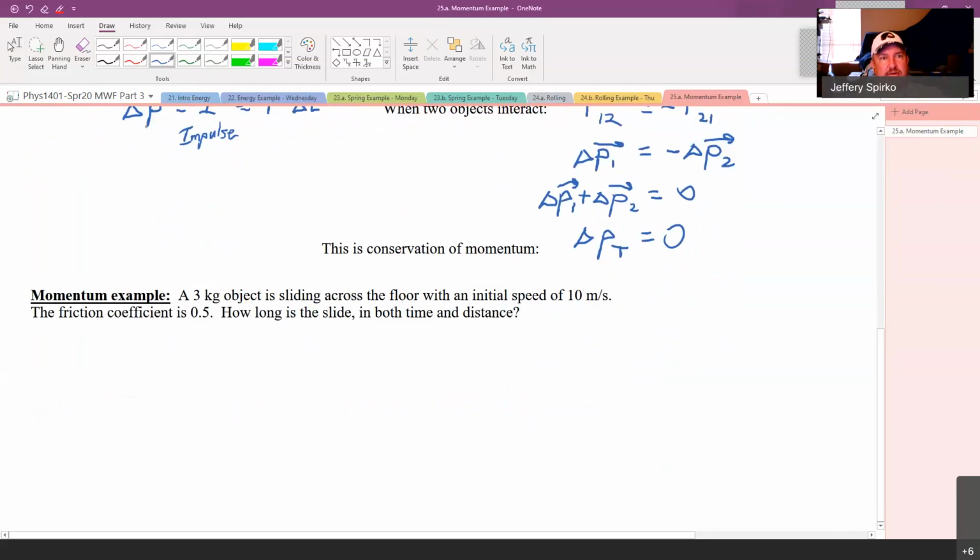So the first thing I need to do is think about a schematic diagram of the situation.